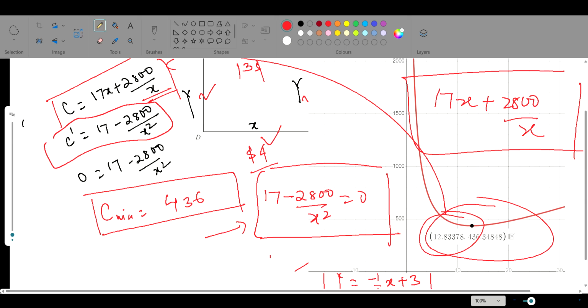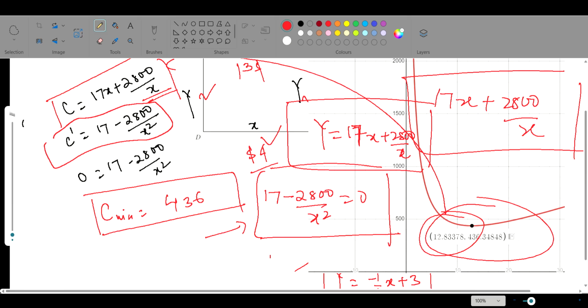this is one method. The other method could be to draw the graph like this one. You can directly go to the graph section of your calculator and draw 17x plus 2800 upon x. But you need to also increase the size of your calculator window by changing the settings, because it's a big number. So you change it with big x values and y values.